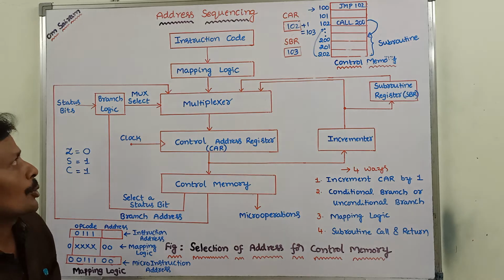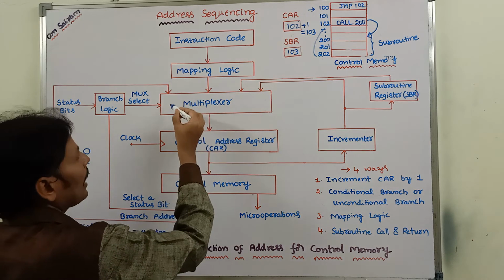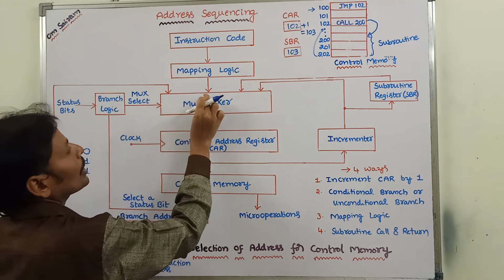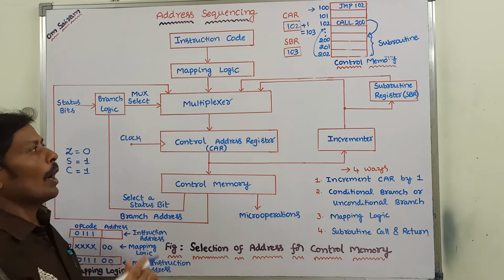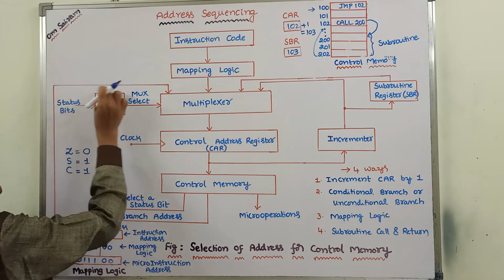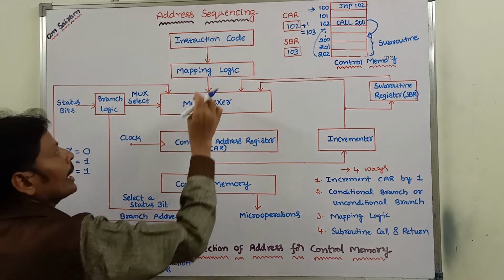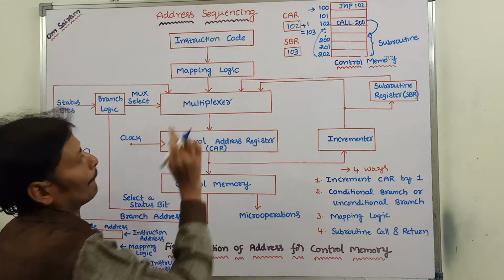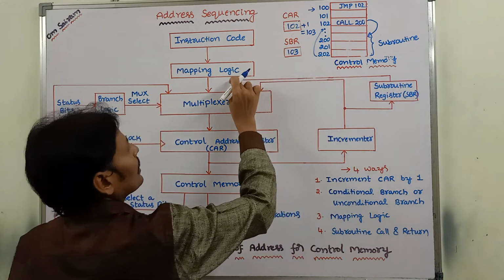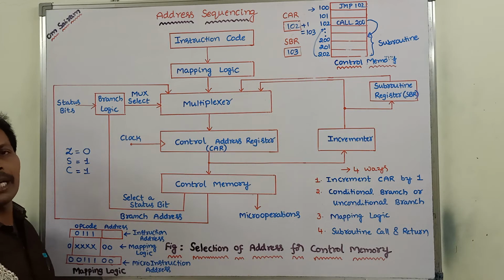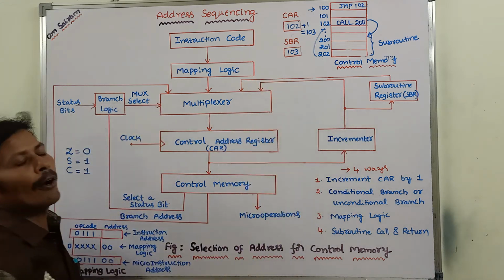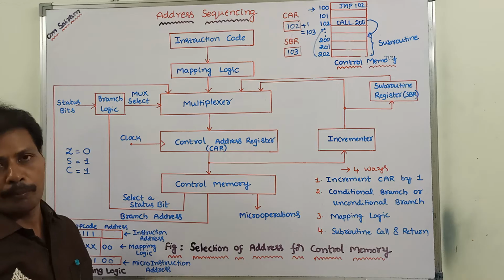Okay, so now observe the multiplexer. This multiplexer can take 4 inputs. One input is taken from the branch address, another input from the mapping logic, another input is the return address from the subroutine register, and another input comes from incrementing the control address register by 1.